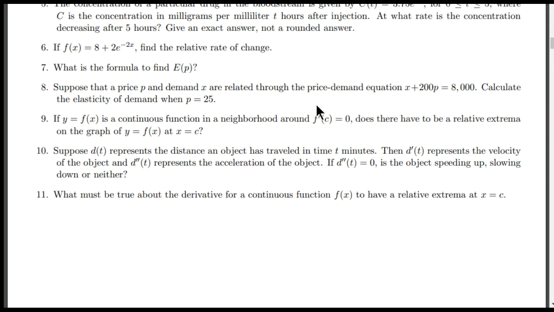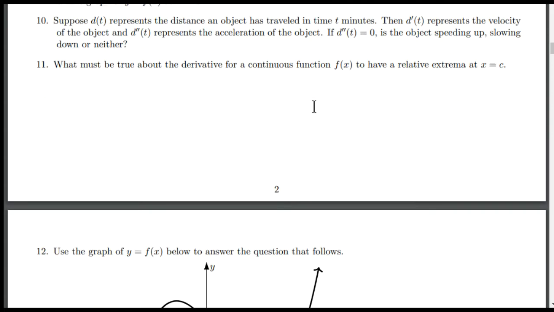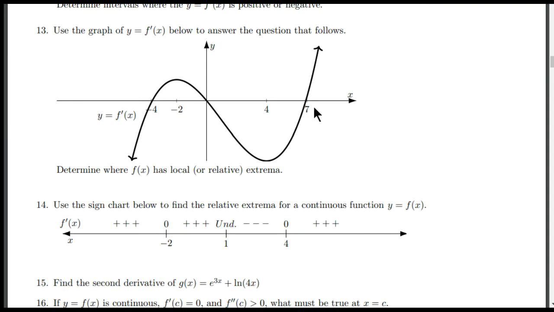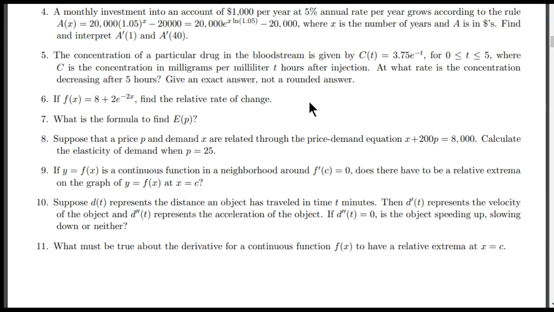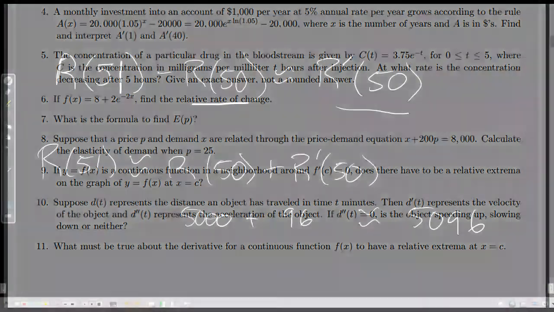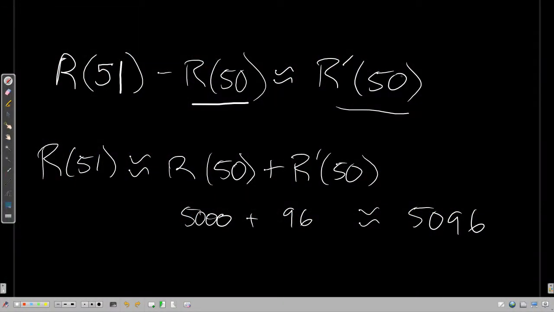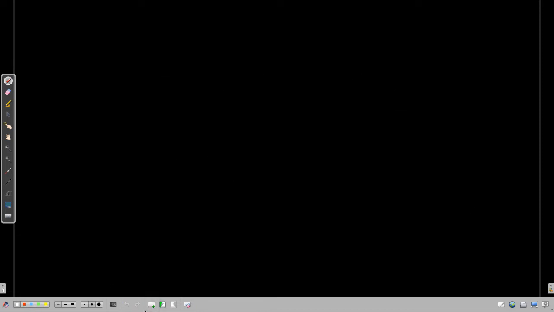So there was this question in the lecture notes, when they introduced the idea of elasticity of demand. Before they could do that, they had to talk about relative rate of change, and the abbreviation that was chosen was RROC, the relative rate of change.